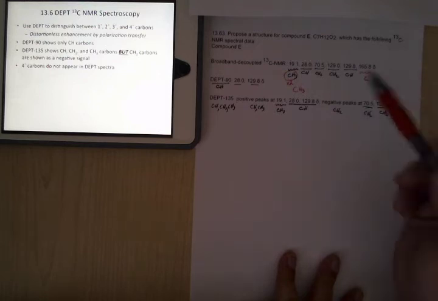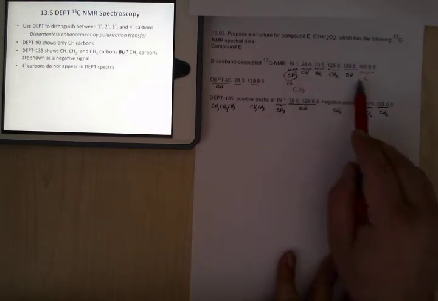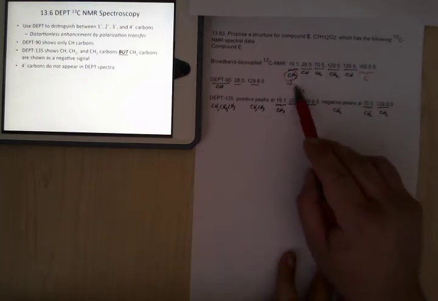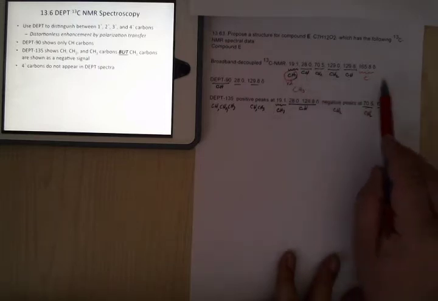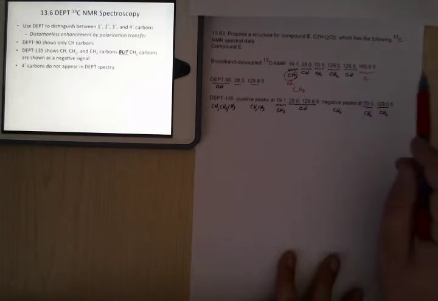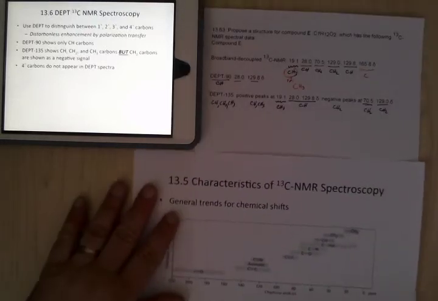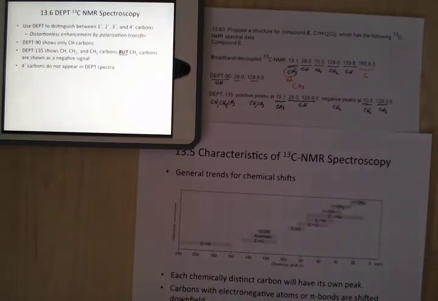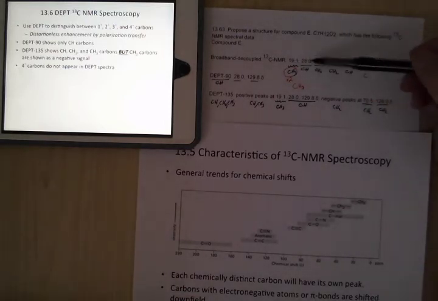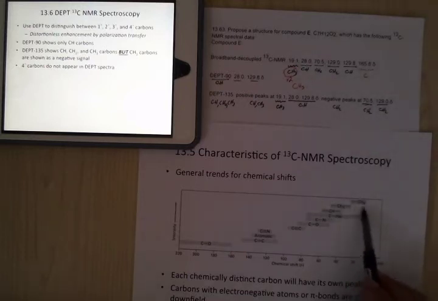Now we have the pieces. We probably have 2 of these CH3s, a CH, CH2, CH2, CH, and then a carbon of something. Next we're going to look at the chemical shift and see what that tells us. These, the 19 and the 28, are right in here. We don't have any halides, so we don't have to deal with that.